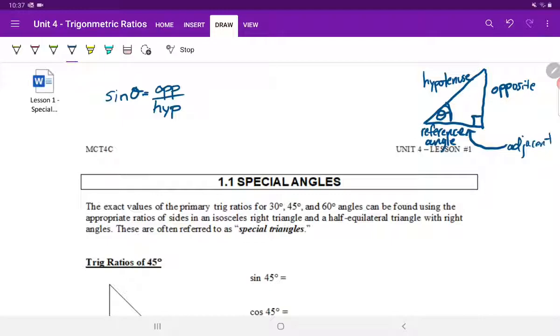When you see the word sine, it's just a word that represents the ratio of the opposite to the hypotenuse. That's all that word really has in terms of its meaning. Just think of opposite over hypotenuse when you think of sine. It's just a word that's calling that ratio something.